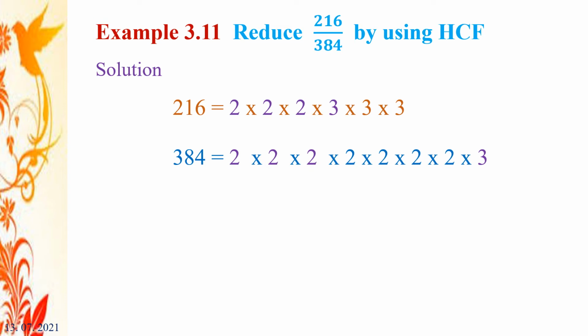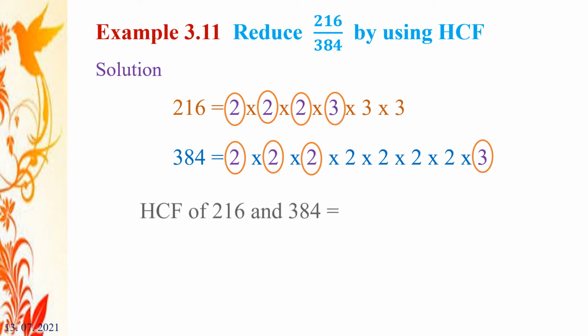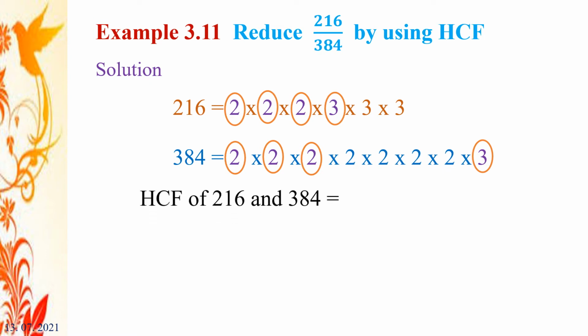Now we are going to encircle the common factors of 216 and 384. We have 2, again we have common factor 2, again we have common factor 2, and we have common factor 3. Now we are going to write the HCF of 216 and 384. Now we are going to multiply the common factors, that are 2 multiplied with 2 will get 4.